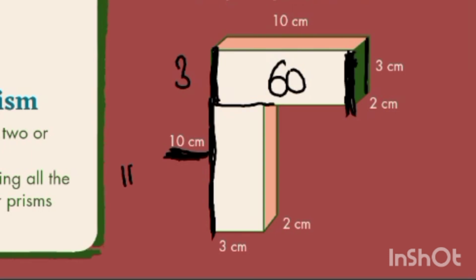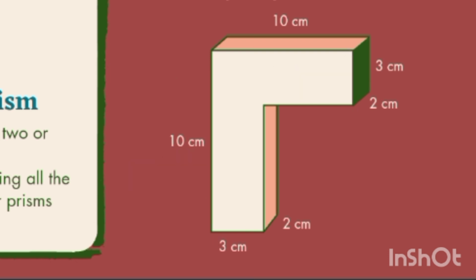When we subtract 3 from 10, we get 7. It means this side is 7 centimeters.